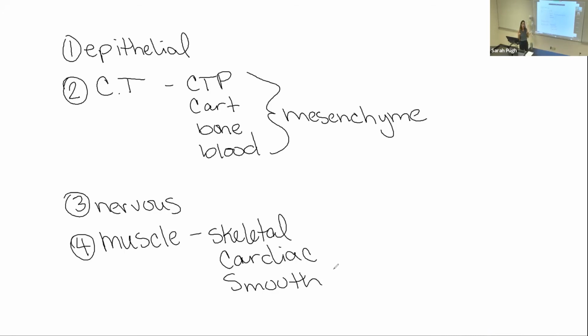I am not going to put a lot of images on the lecture exam for your tissues. You will get images on a lab exam. This week in lab, your lab PDF document for chapter 4 that you're completing has images from all the different kinds of tissues that you have to be able to identify.